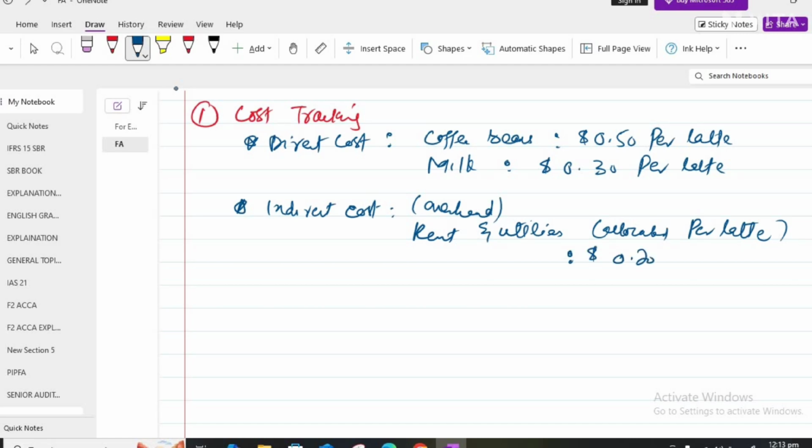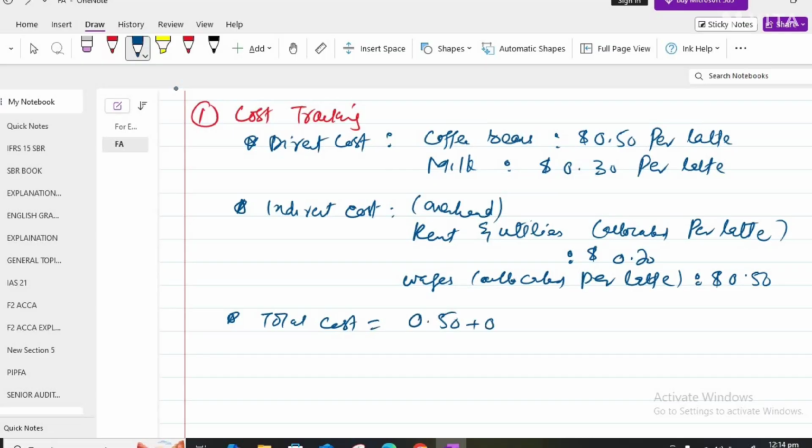And there will be some wages allocated per latte, and let's assume that is $0.50. Clear? So the total cost, if you add up all of these, 0.50 plus 0.30 plus 0.20 plus 0.50, will be $1.50. Clear? So this is your total cost.